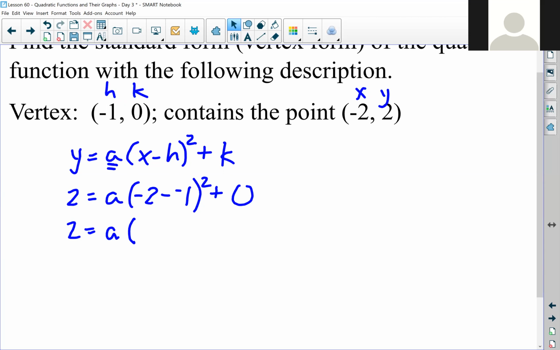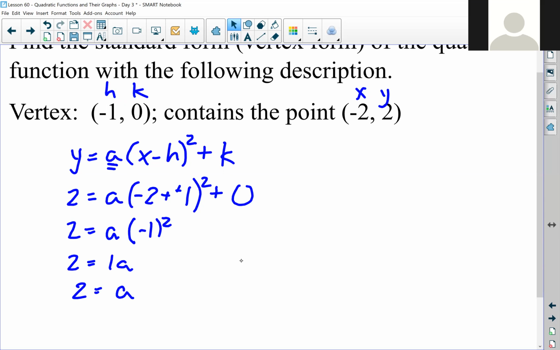So this minus a negative, I would just write as plus a positive. We get (-1) squared plus 0, we don't need to worry about. So 2 equals 1a, or 2 equals a.